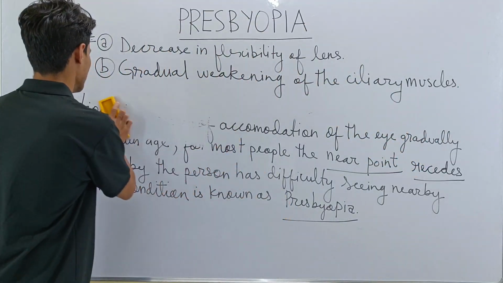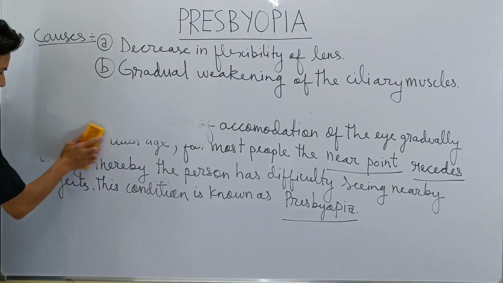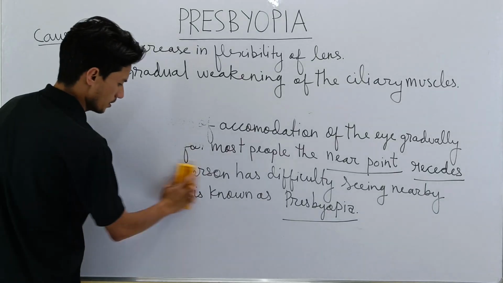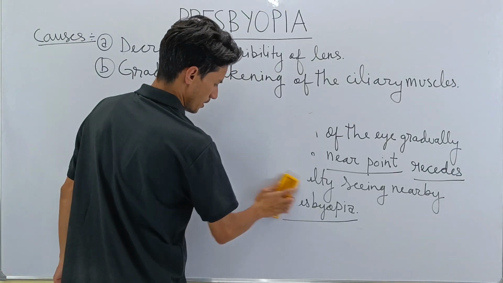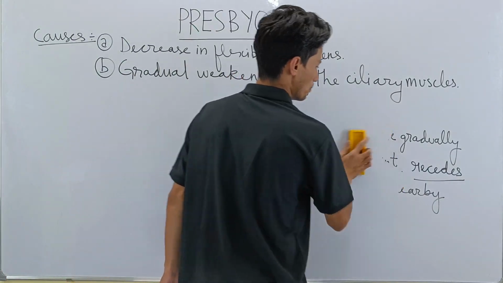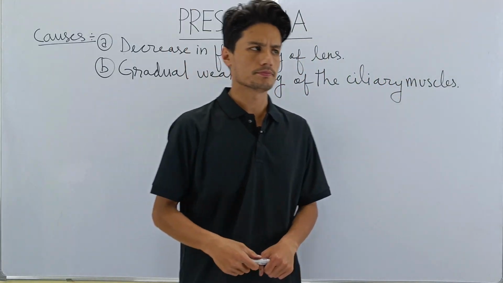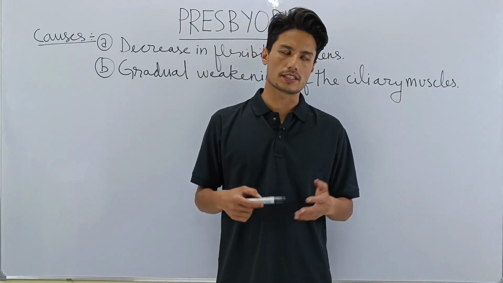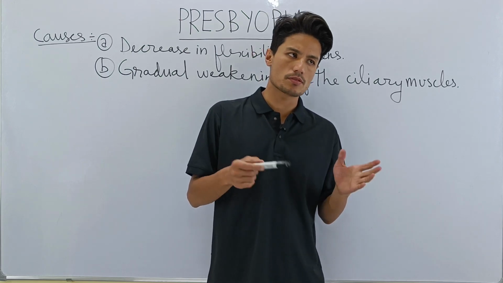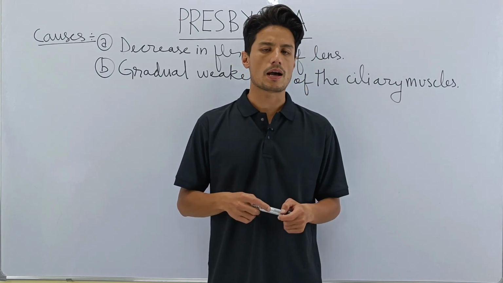Now to continue the discussion, sometimes a person may suffer both from myopia and hypermetropia. In a very rare case, but it happens, a person may suffer both from myopia and also hypermetropia.